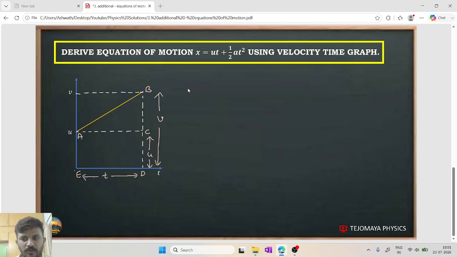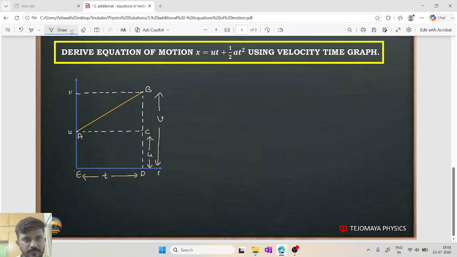Okay, now how to find out this displacement? So where u is initial velocity, V is final velocity, you can write some consideration. Please add some consideration, like consider a particle moving with constant acceleration with initial velocity u. After time t, its velocity is V, from the velocity versus time graph. Okay, all those things you can write.